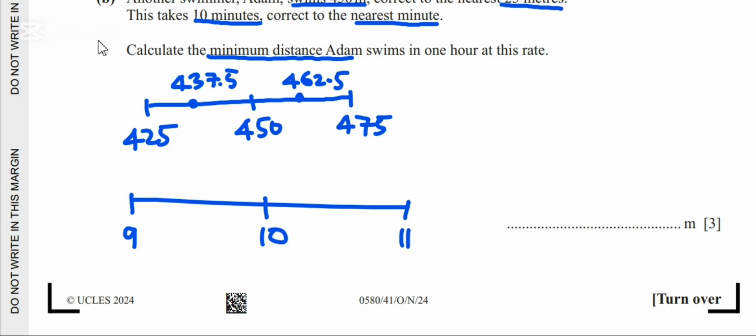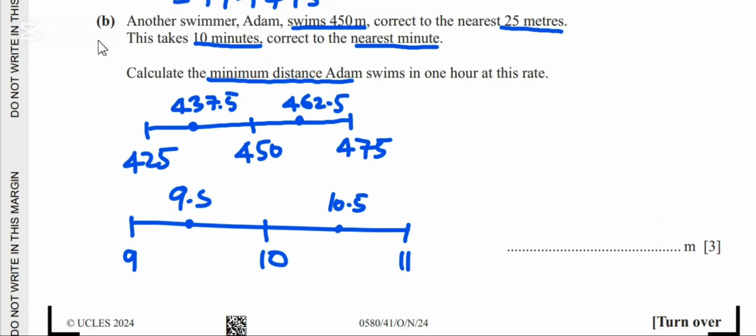The difference between 9 and 10 is 1, divided by 2 is 0.5. Adding 0.5 to 9, you have 9.5. Adding 0.5 to 10, you have 10.5.